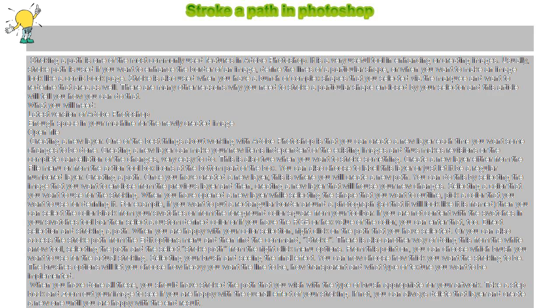There is also another way of doing this from the white arrow tool, selecting the path and choosing Stroke Path from the right-click menu options. From this point on, you can choose which brush you want to use for the actual stroking.